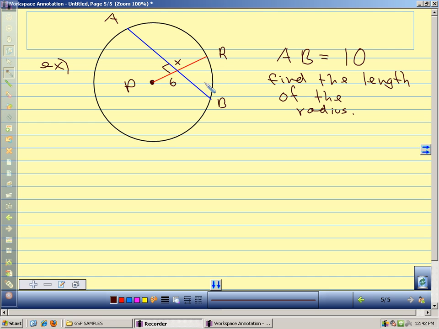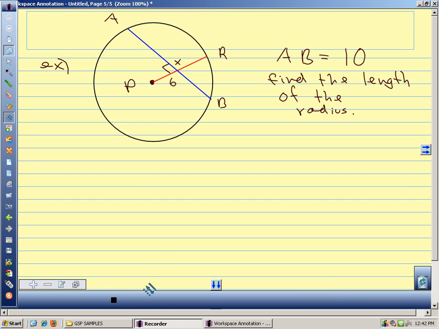We want to find the length of the whole radius. Anybody have an idea of how we might do it? So what was our hint from yesterday? Draw in another radius.